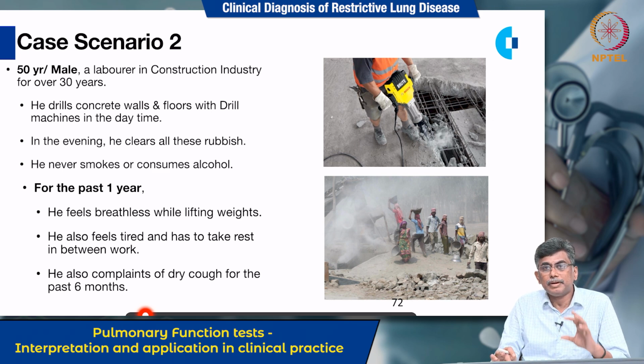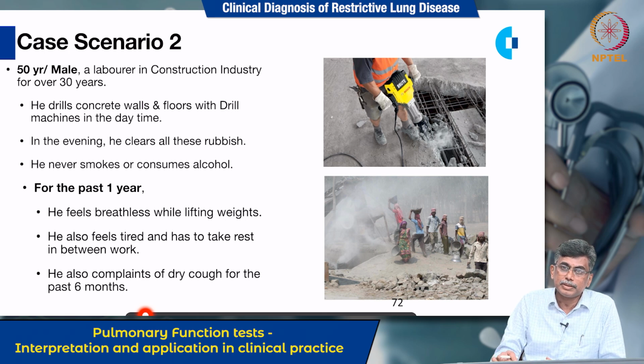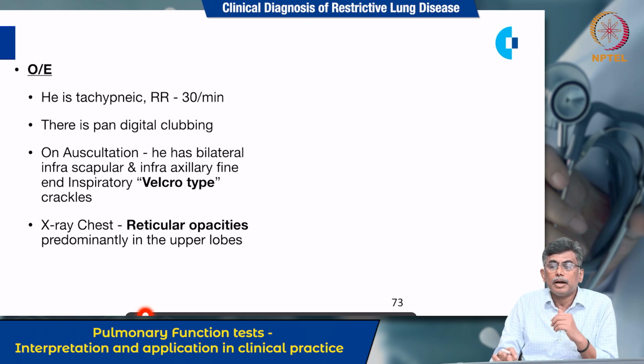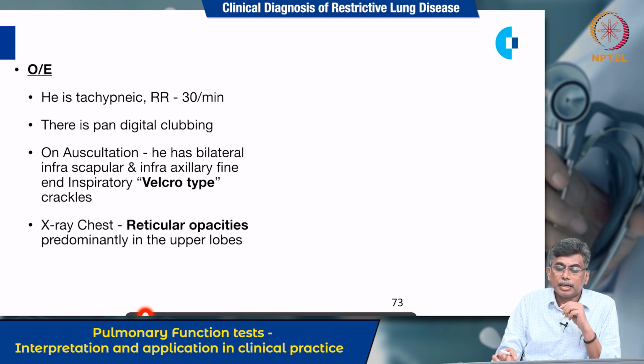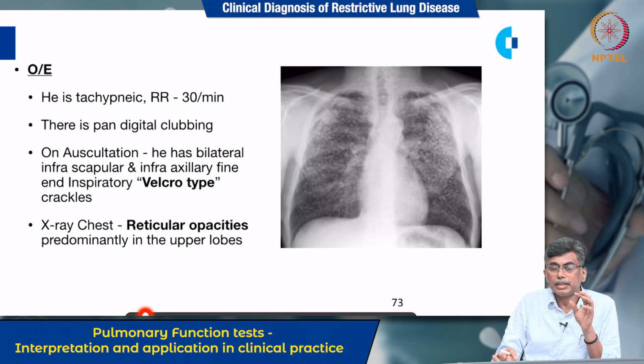So there is some environmental exposure in this case, and he has exertional dyspnea which is gradually progressive over the past 1 year. On examination there is tachypnea, respiratory rate is 30, there is clubbing, pan digital clubbing. On auscultation the most important thing is he has added sounds in the form of velcro crackles present in both the infrascapular and infraaxillary areas.